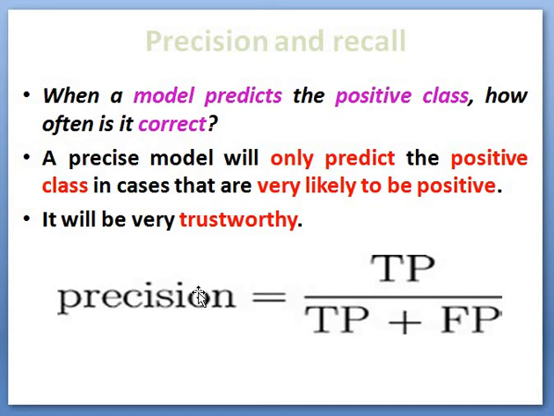So our denominator is all positives, true positive plus false positive, and the numerator is true positive. Out of all positive cases, which include both correct and incorrect classifications, what percentage is truly positive? That is precision: TP divided by TP plus FP.